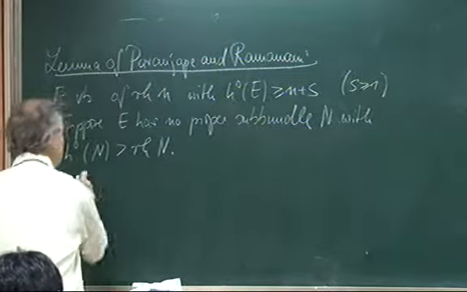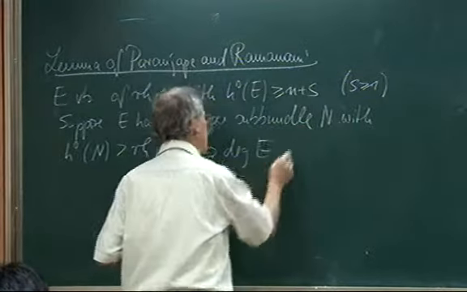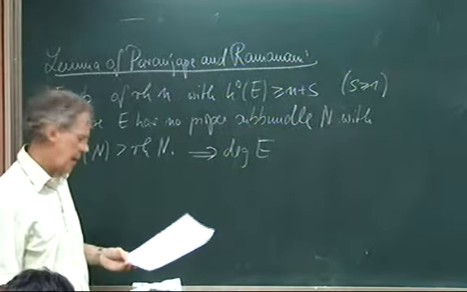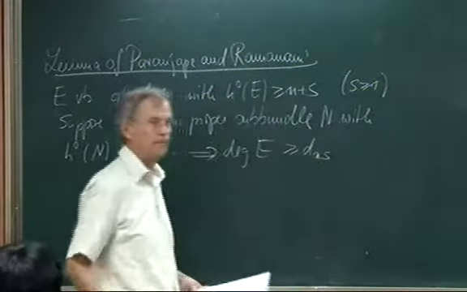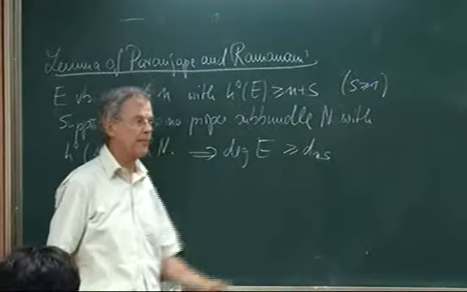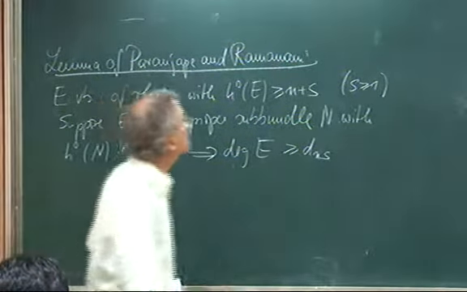Okay? Then the statement is that the degree of E, which is the degree of the determinant line bundle, right, is greater or equal to d_{ns}, n times s. Right? Let me prove this.